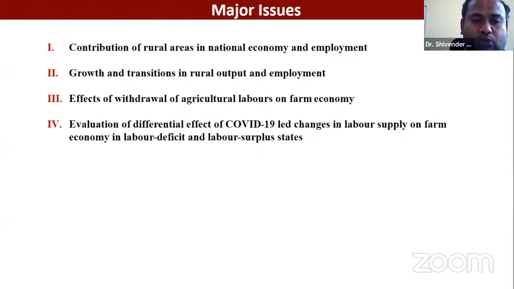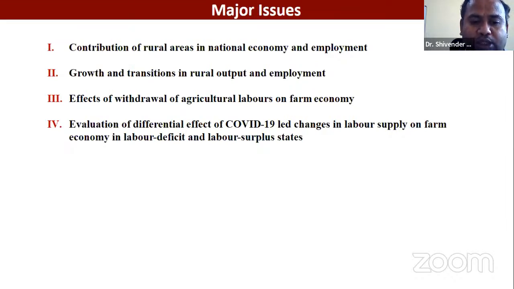We'll show some more evidence on that. Then we'll see the growth pattern and the transitions in rural output and employment, and then the implications for the withdrawal of agricultural labor and the farm economy. There are some things you should know before you plan work on these particular aspects.